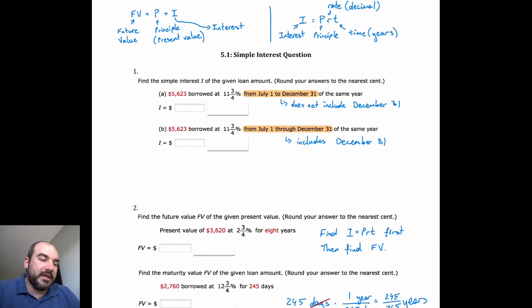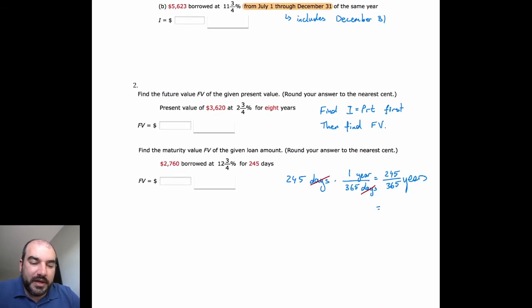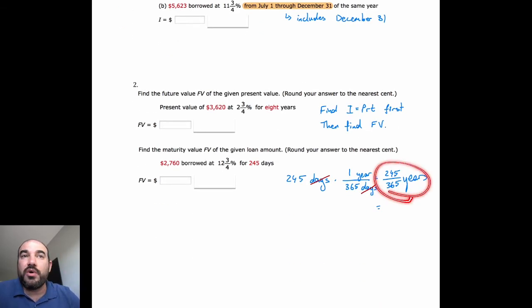Because if you round the number of days to 2 decimal places, plug that into your formula, and then round that again to 2 decimal places, you might be 1 or 2 cents off in your answer, and we don't want to be off at all in our final answer. On WebAssign you'll see questions like this, so you don't want to round too early. You can use it as a fraction, or you can just use a calculator to change this to a decimal and work with that decimal number as well.